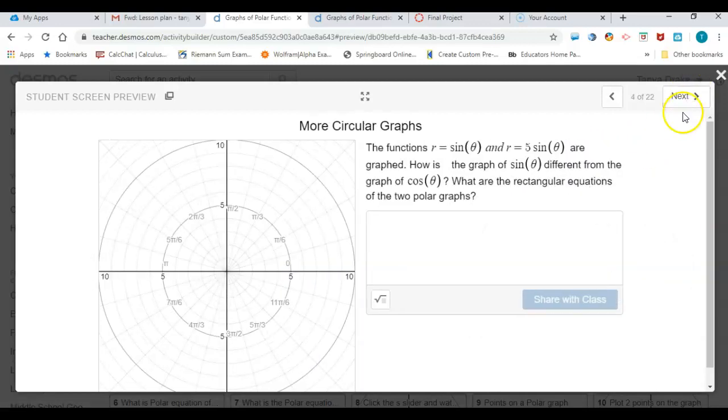On the next screen, I show them the sine function with a radius of 1 and a radius of 5, and as you can see, that's a vertical circle. It would be along the y-axis. I also would want them to write the rectangular equations for the two polar graphs that are shown.